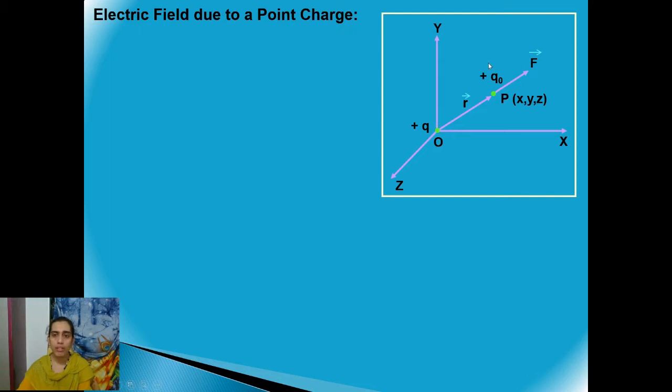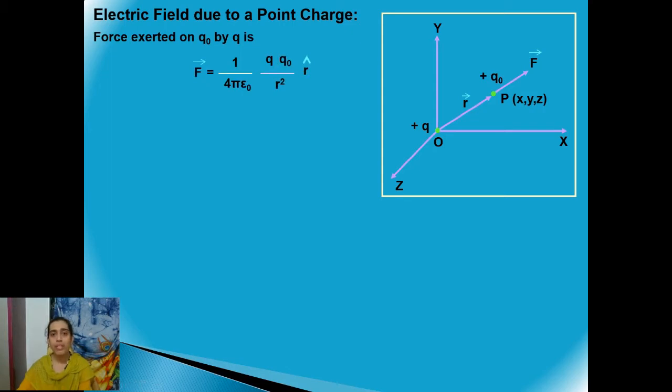both the charges are of the same type. Therefore, we will observe electrostatic repulsion. So the force direction will be away from the source charge. And let us consider the distance between the source charge and the test charge is given by the position vector r. Okay, so this is our consideration.